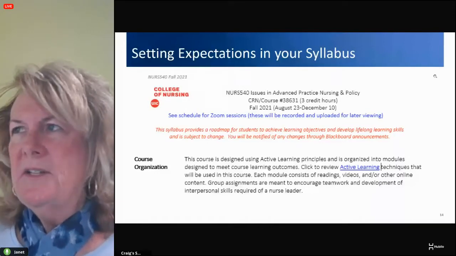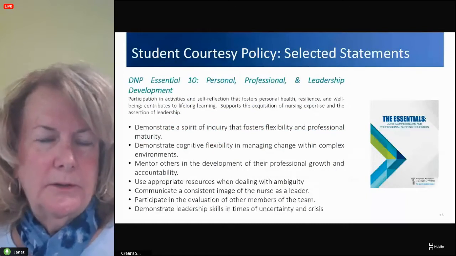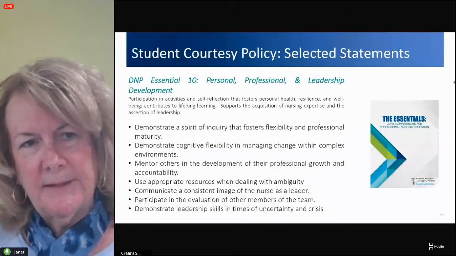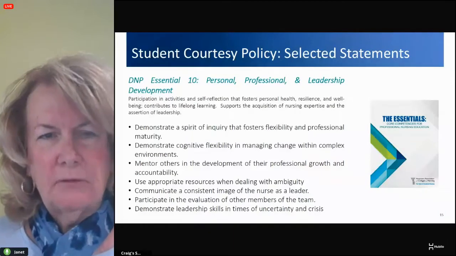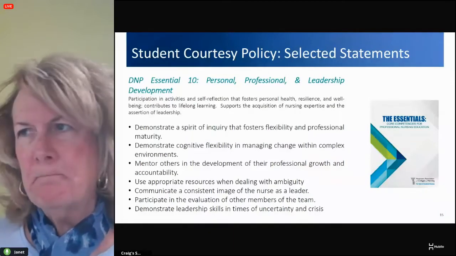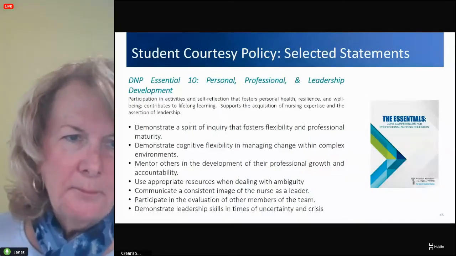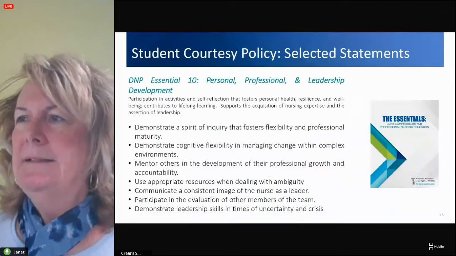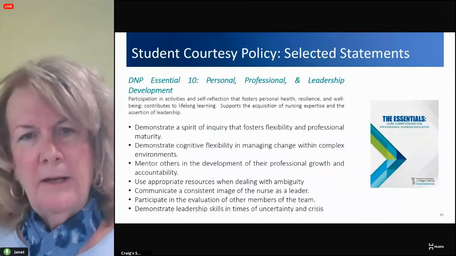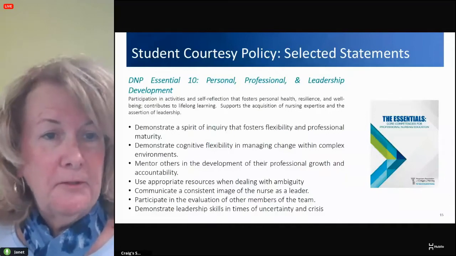So I have a student courtesy policy. This comes from what's called our Doctor of Nursing Practice, DNP, Essentials. Our students are required to be exposed to these competencies and to accomplish them before they earn their doctoral degree. And a lot of what's incorporated into these essentials requires self-reflection.